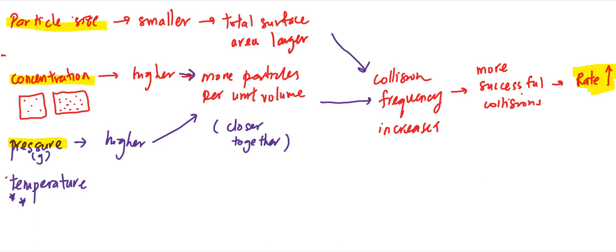When the temperature increases, two things actually happen. The particles have more kinetic energy. You all know what kinetic energy is, right? Kinetic energy means they move faster. So particles have more kinetic energy.